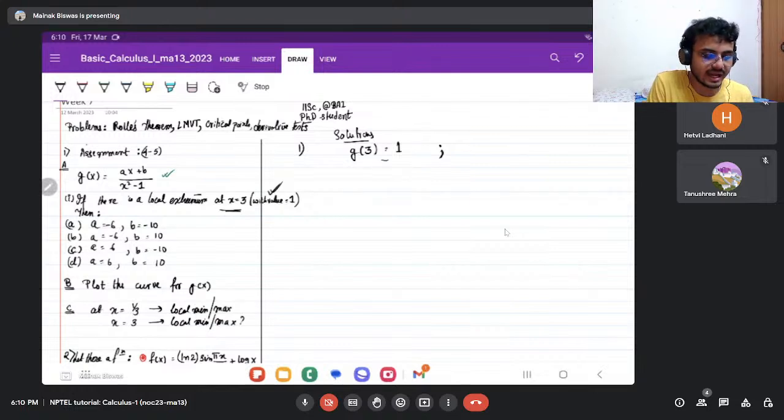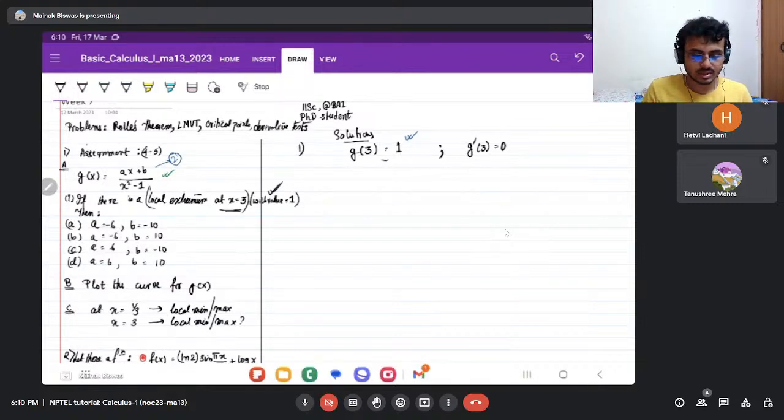You're told to find a and b, right? So how many unknowns are there? 2 unknowns. So how many equations do you need? You need 2 equations, right? You have one equation here. So what will be the other equation for you? We will first differentiate and then set it equal to 0, because a local extremum is given. So the derivative at 3 is 0.